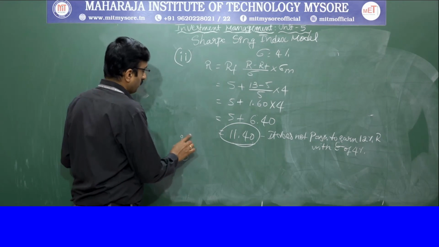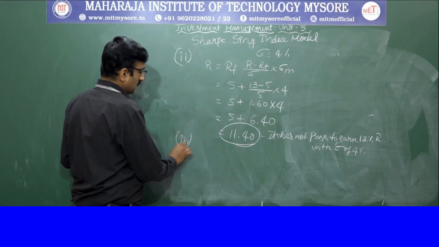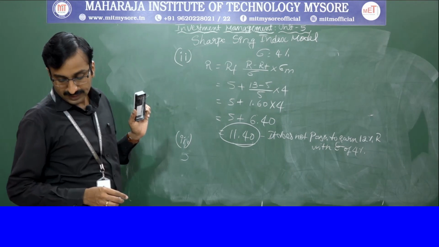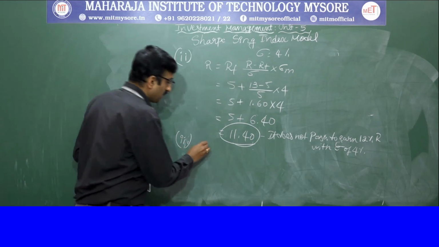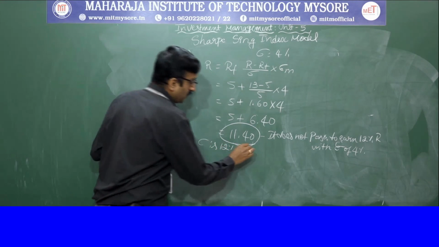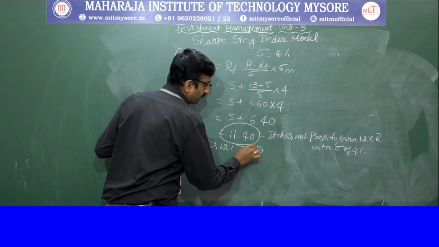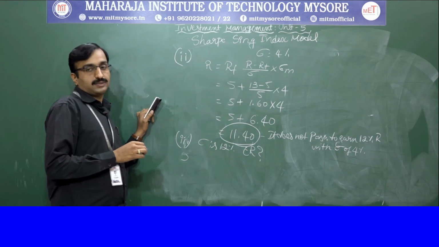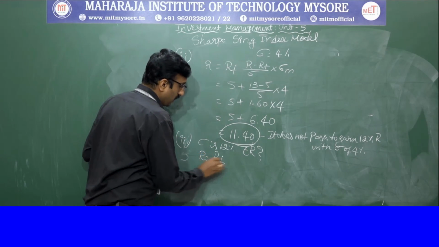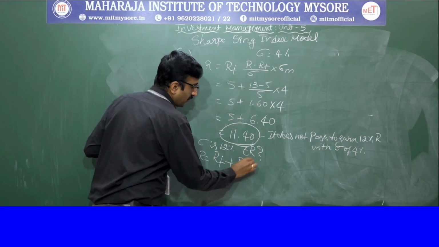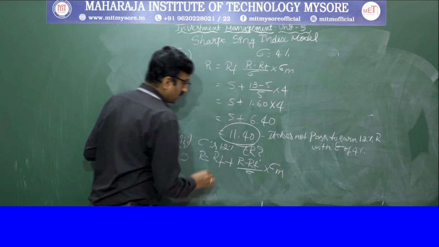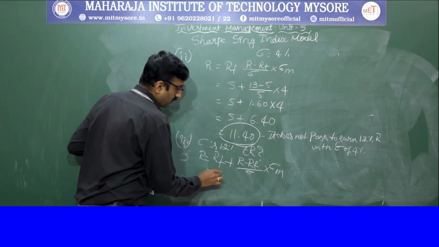Then moving on to the last one, the third one. If the standard deviation is 12%, what would be the expected return? Same formula we apply: R is equal to RF plus R minus RF divided by standard deviation, into the standard deviation of changes. RF is 5.